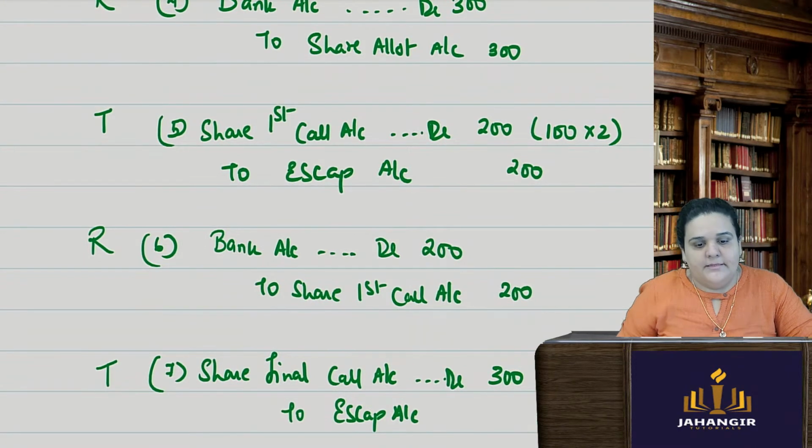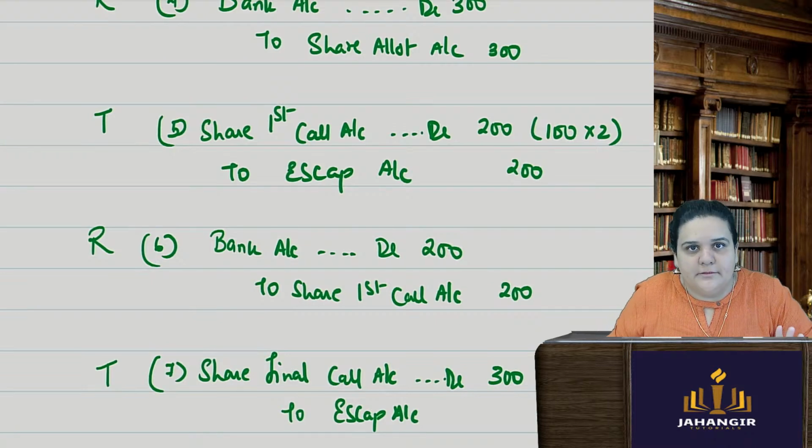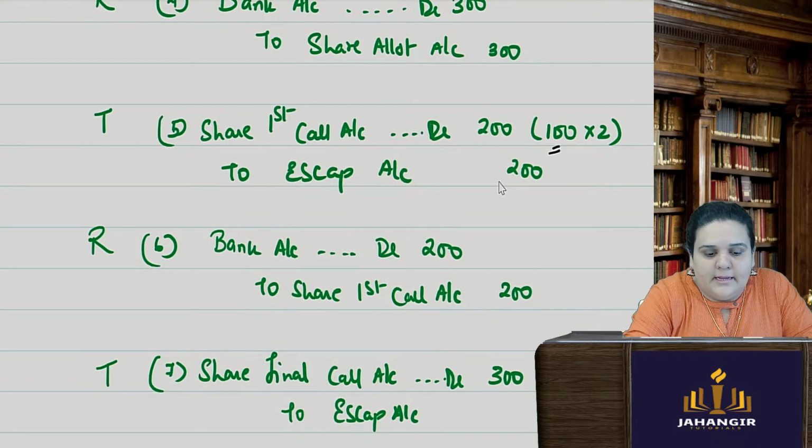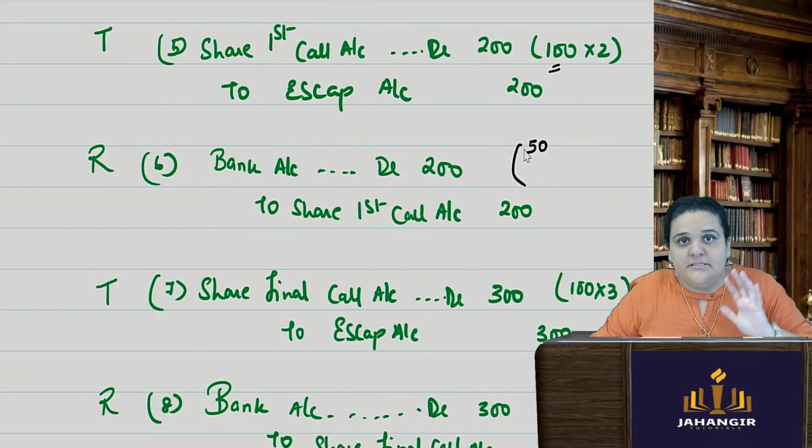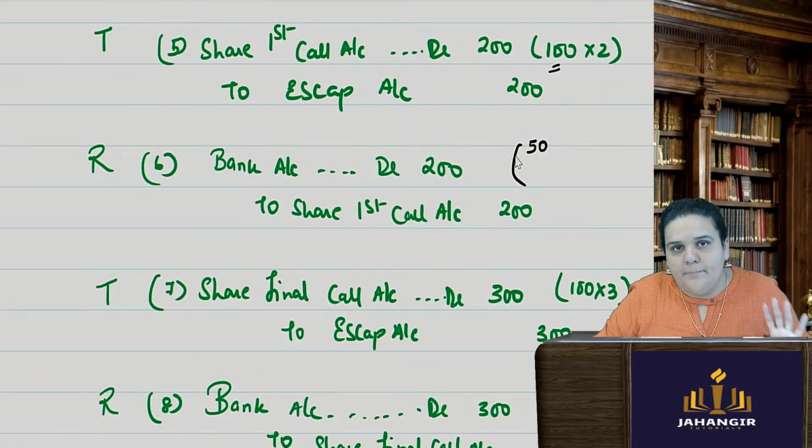Now what has happened is, I have already transferred share first call account debit to equity share capital on 100 shares. I have already transferred 200 rupees. But what happened at the time when I received the first call? In the bank, I got money only on 50 shares. Mr. X holding 50 shares did not pay me.